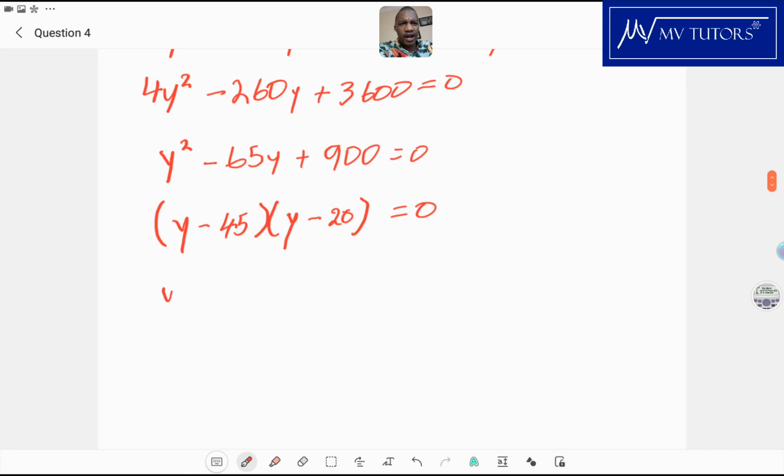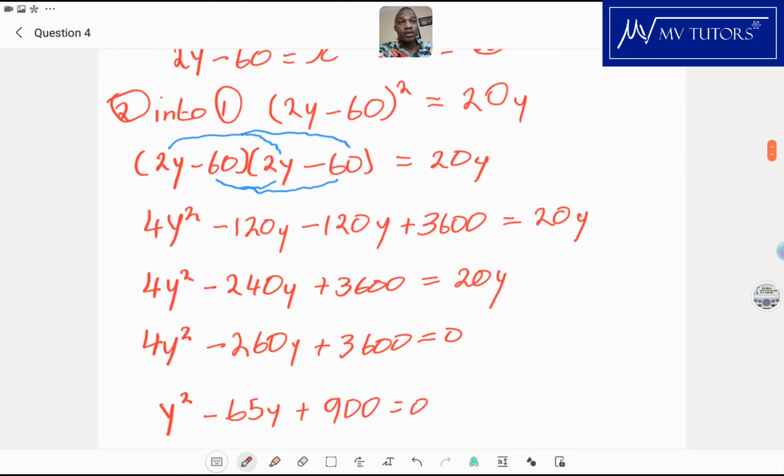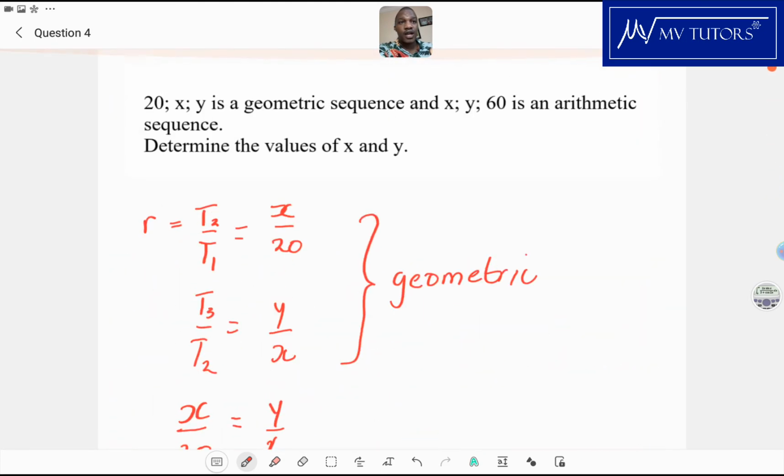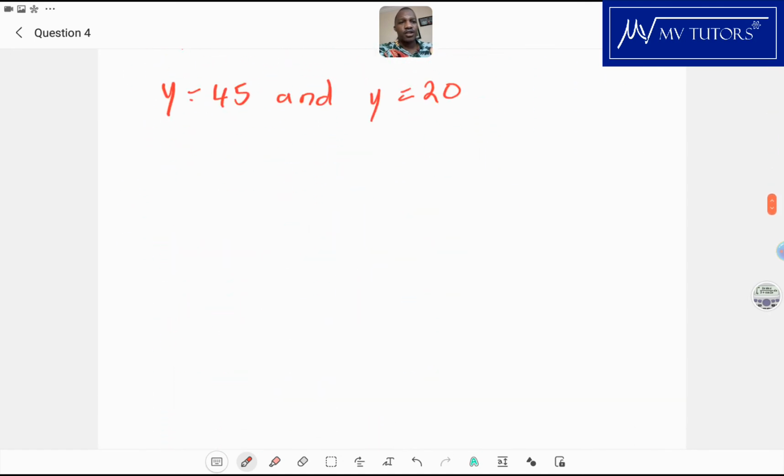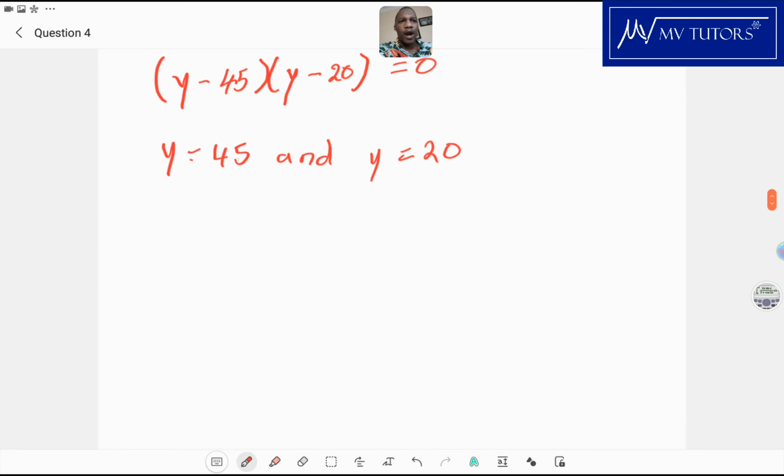From there, I can then conclude that y is equals to 45 and y is equals to 20. Now, let's not lose the question. The question was asking us to determine the values of x and y. All we've done right now is determine values of y. We have two values of y.